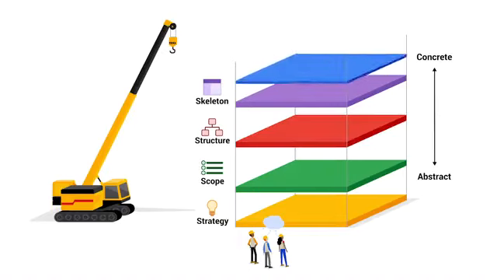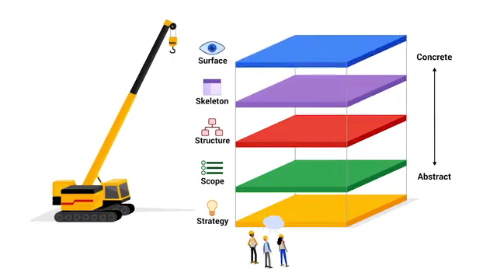Instead, you'll see the surface, which is the top level of the user experience. The surface is how the product looks to the user. So to recap, we have strategy, scope, structure, skeleton, and surface. Together, these layers make up the 5 Elements framework.